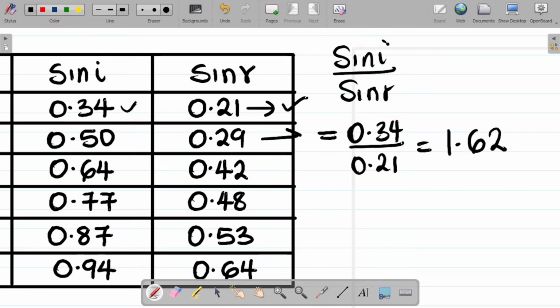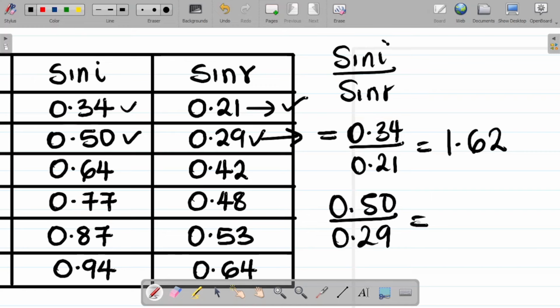Now the second row. For the second row, sine i, which is this, I have 0.50 all over my sine r here, which is 0.29. So 0.50 divided by 0.29, that's about 1.72. So do the same thing for all of this, all right?